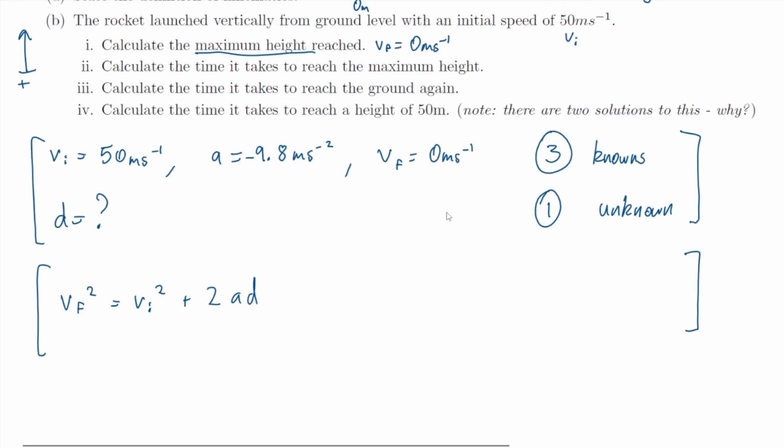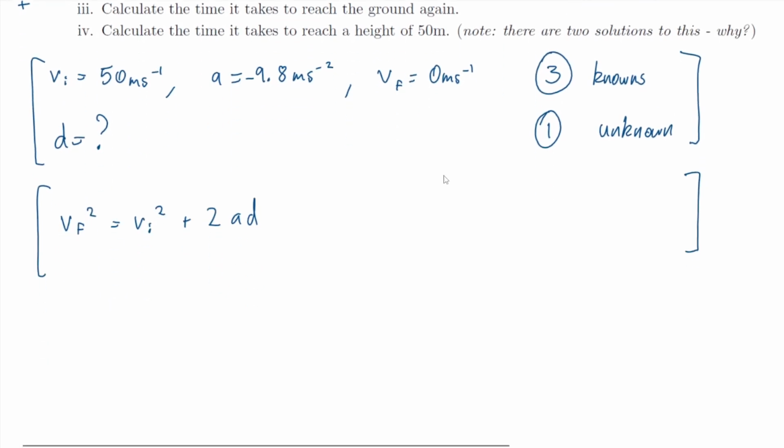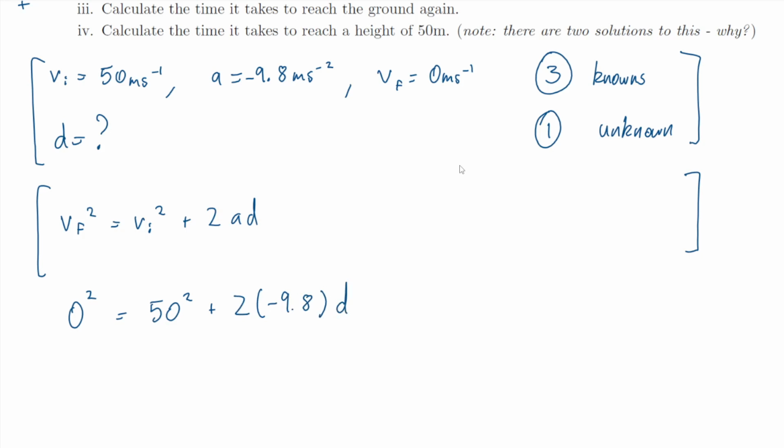Now step three. We have our equation, we have our knowns and our unknown. We can substitute in our values and solve. So Vf is 0, Vi is 50, A being careful, we include the negative, and D is what we're looking for.